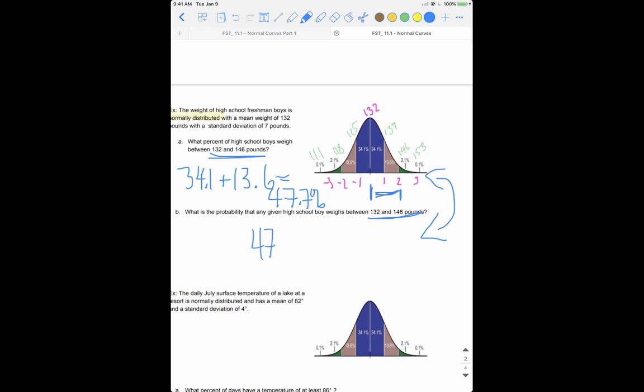Same idea, a 47.7% chance that if we select one high school boy, he will fall between 132 and 146 pounds. The main idea is that both of these questions are asking the same thing, just worded slightly differently. One asked for the probability, one asked for the percent. All right, let's keep rolling.